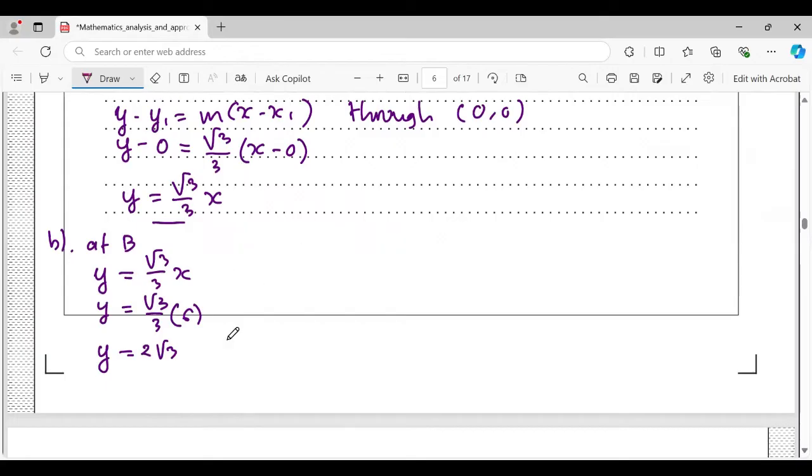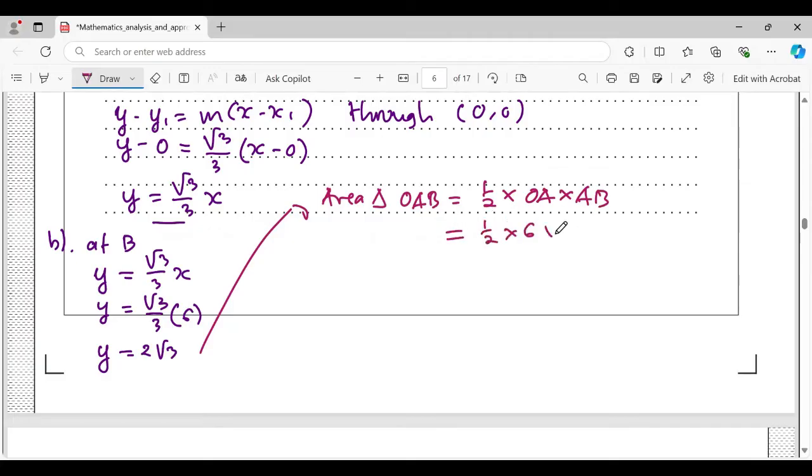I'm going to move here. So area of triangle OAB is half times OA times AB, half times 6 times 2 square root 3, and it is 6 square root 3.